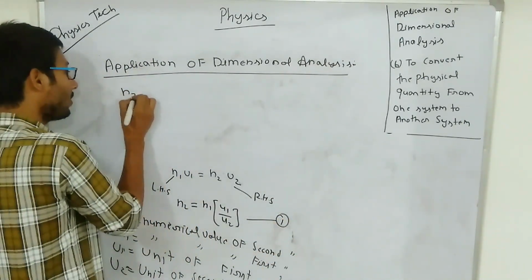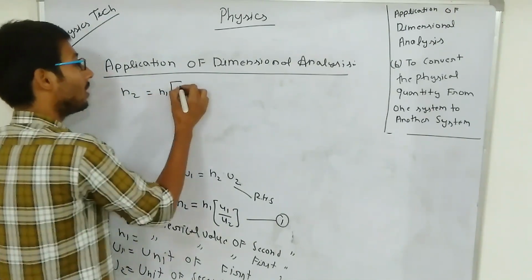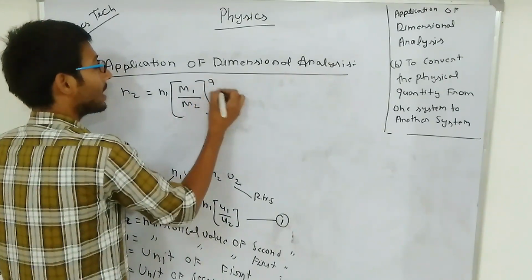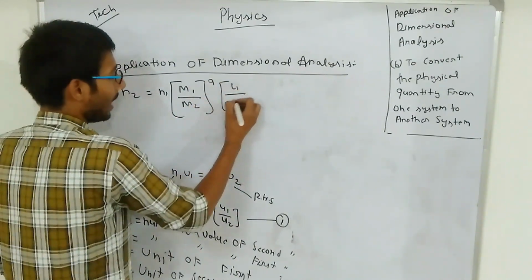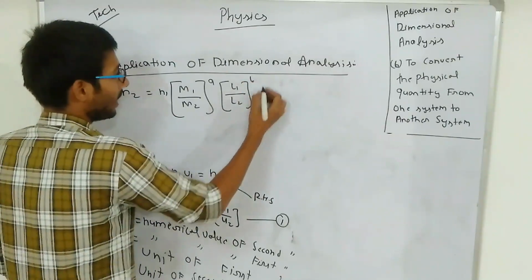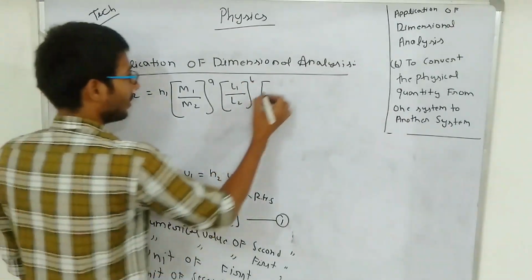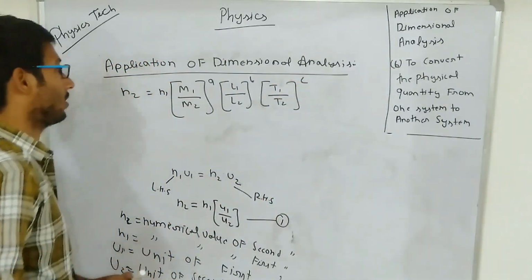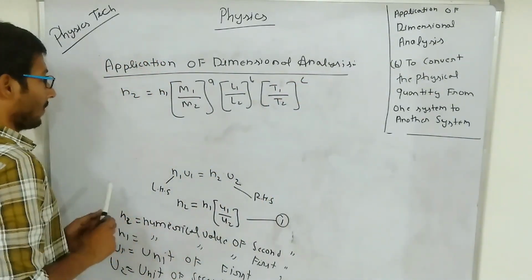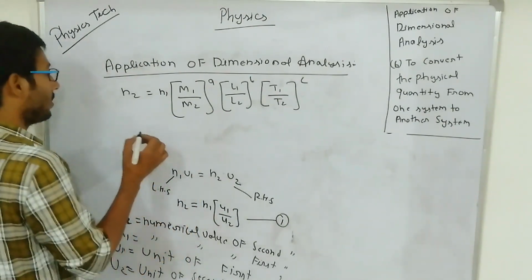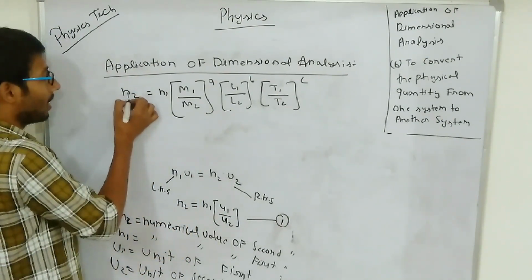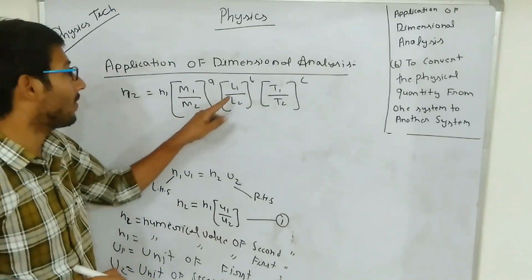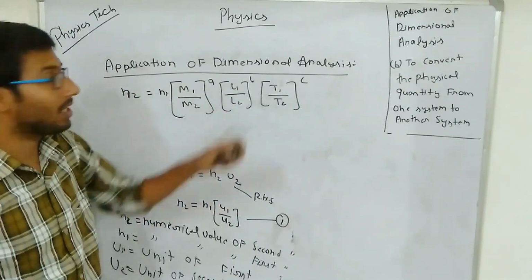Now N2 is equal to N1 (M1 upon M2)^a (L1 upon L2)^b (T1 upon T2)^c. Now we know the values of N1, M1 and M2, L1 and L2, T1 and T2.